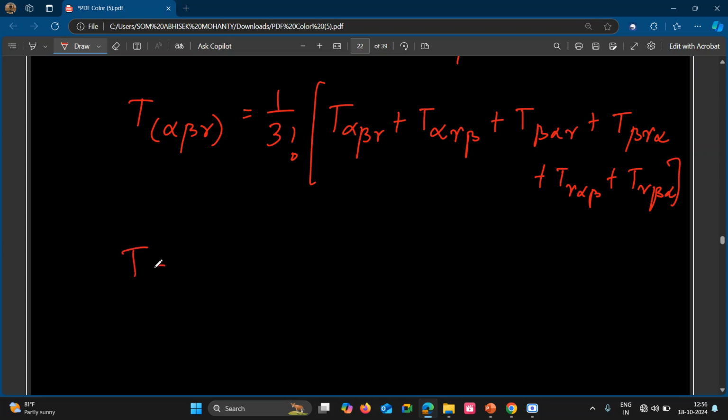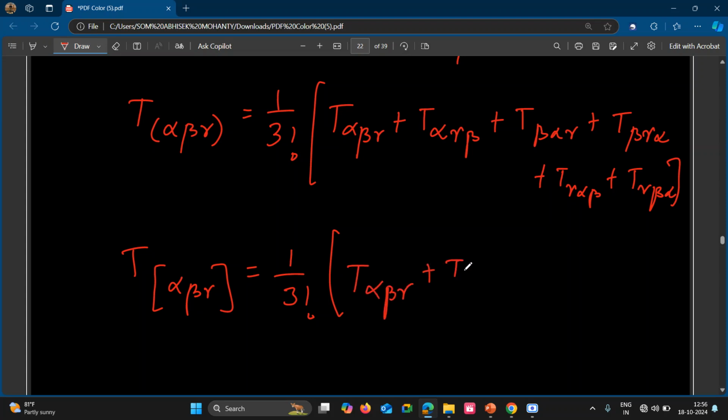Now the anti-symmetric one: 1 by 3 factorial, T alpha beta gamma plus T beta gamma alpha plus T gamma alpha beta. I've written all the proper cycles. Now minus T beta alpha gamma, minus T gamma beta alpha, and minus T alpha gamma beta.